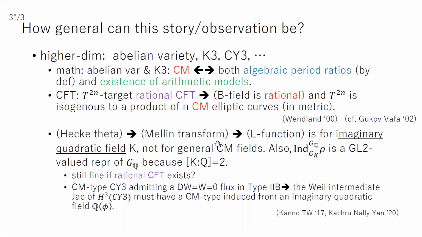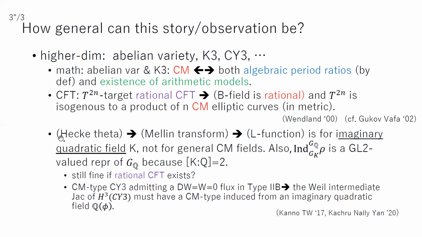So in that case, we have an imaginary quadratic field as the very basic ingredient, the reflex field. So not so much about the CM target space, but about the rational CFT, at least in that context. And then at least the imaginary quadratic fields are relevant in this business. So there may be a hope, and we may be able to exploit this specific relation that holds true for the imaginary quadratic field.